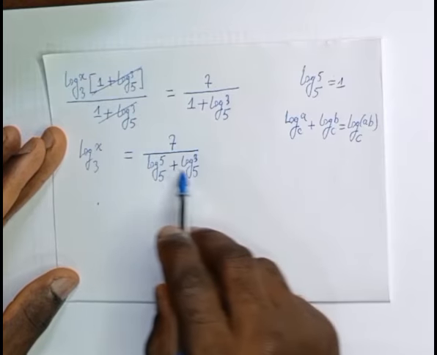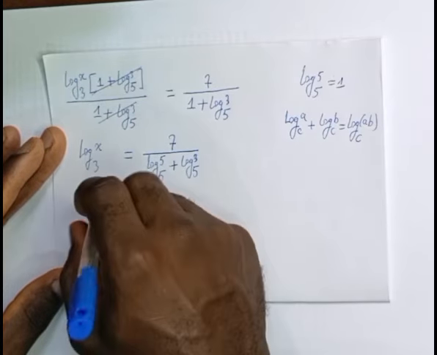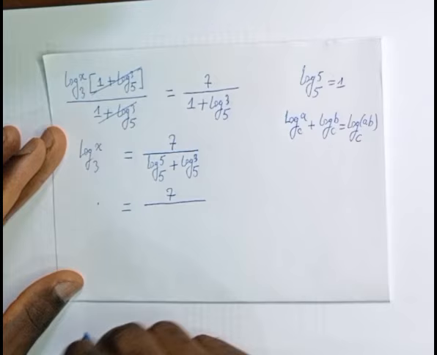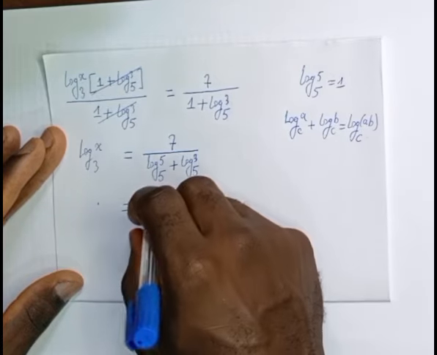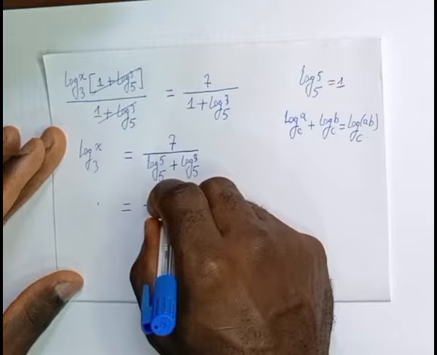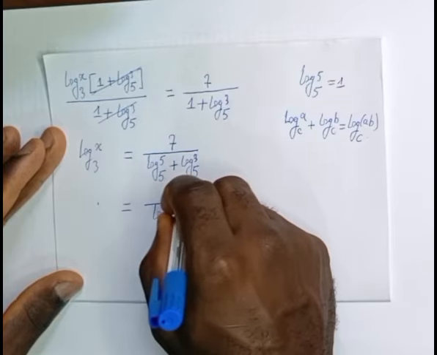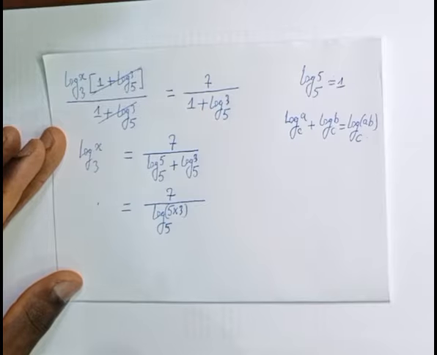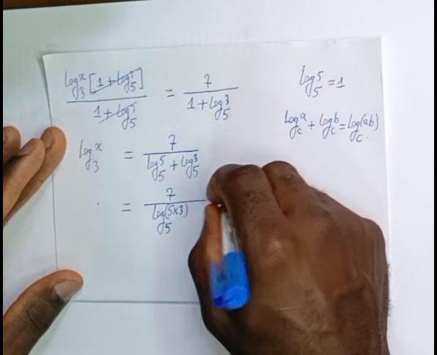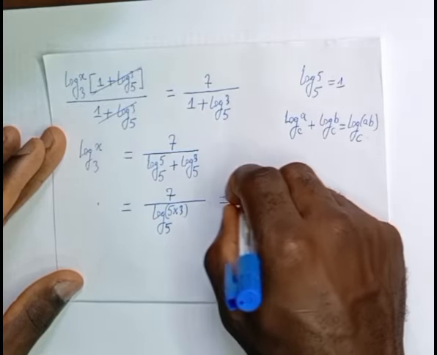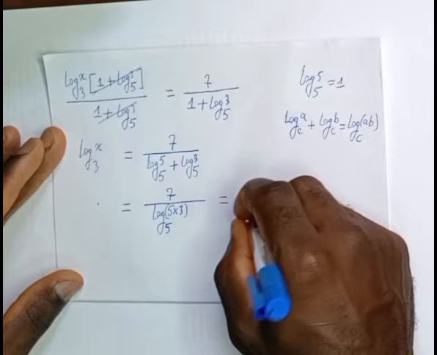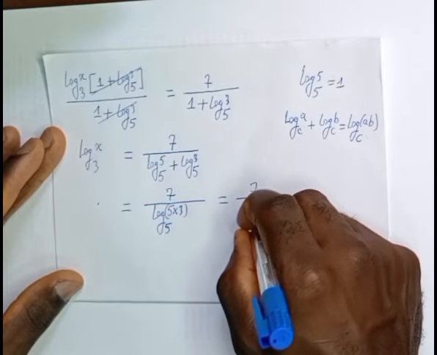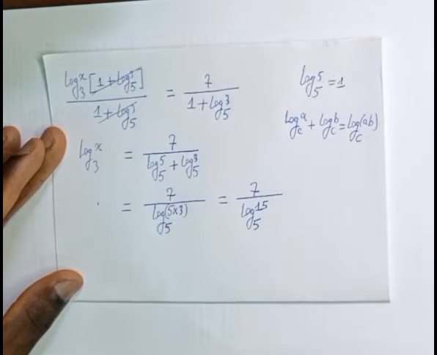We can simplify the denominator. This will be equal to 7 all over, applying this formula, the log of 5 times 3 base 5. And this will simply be equal to 7 all over the log of 15 base 5. 5 times 3 gives us 15.